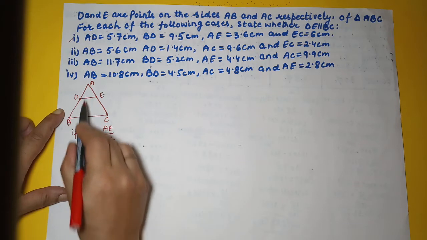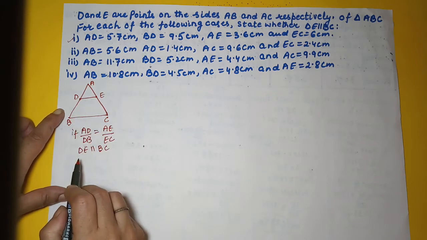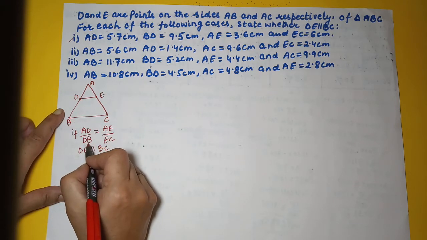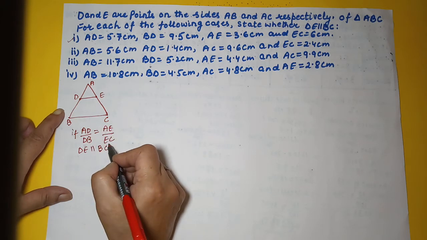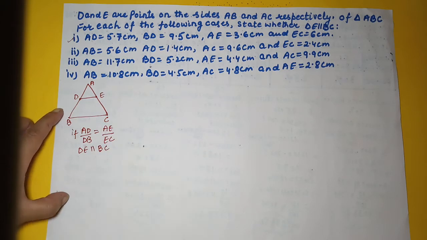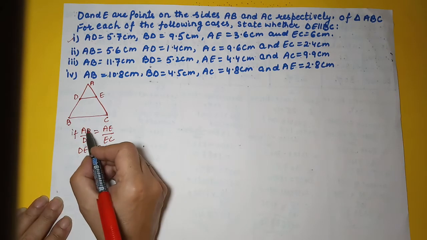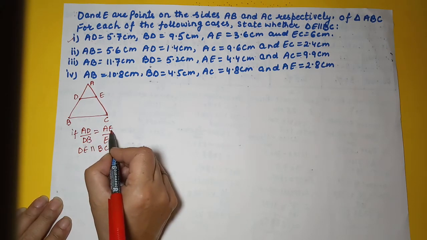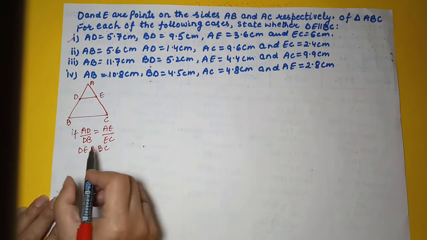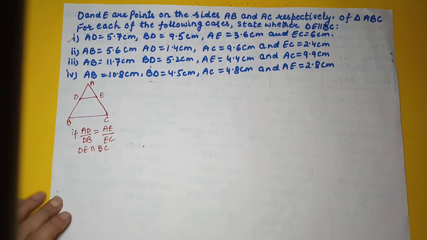Then when these two lines were parallel, we used to say that AD upon DB is equal to AE upon EC by the basic proportionality theorem. Now, in this case, we have to prove that if AD upon DB is equal to AE upon EC, then only DE will be parallel to BC. That's the converse of that theorem, right?